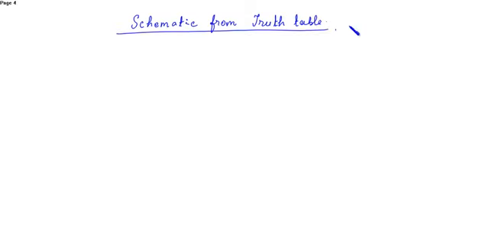Okay, so now how will you draw the schematic from the truth table? The truth table is 0 0 1, 0 1 0, 1 0 0, 1 1 1. So let us draw two transmission gates first.